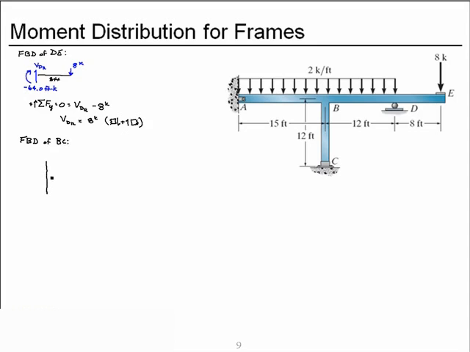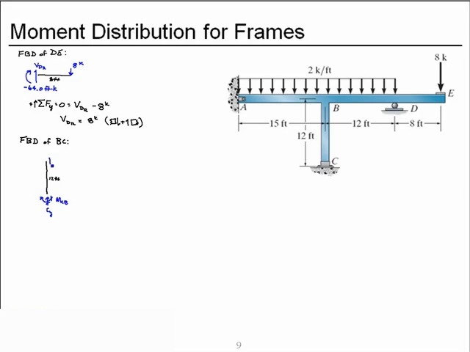We have the member, which is 12 feet long, an unknown vertical reaction CY, a moment reaction that we calculated, MCB.